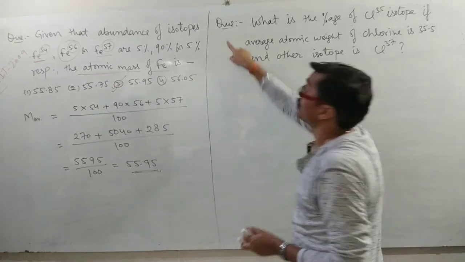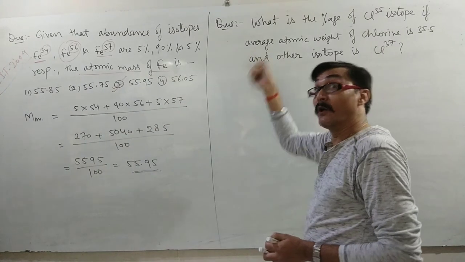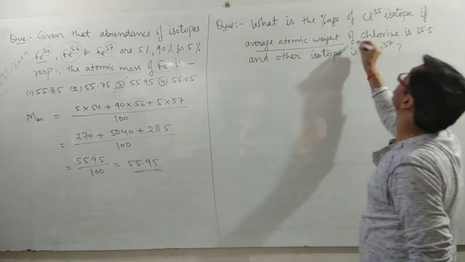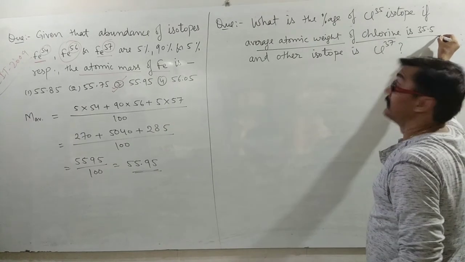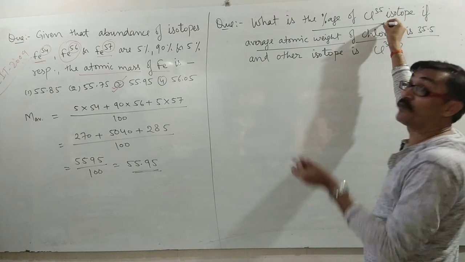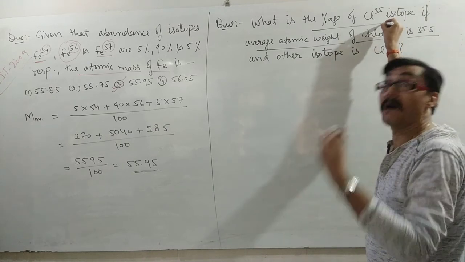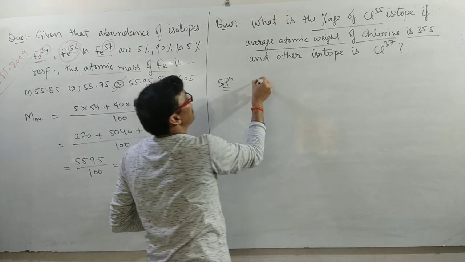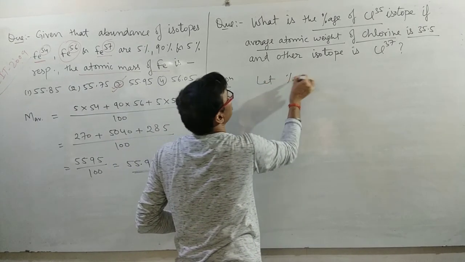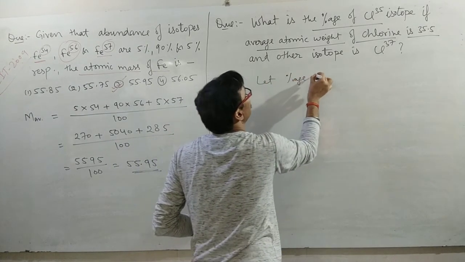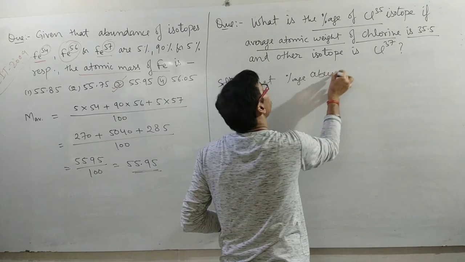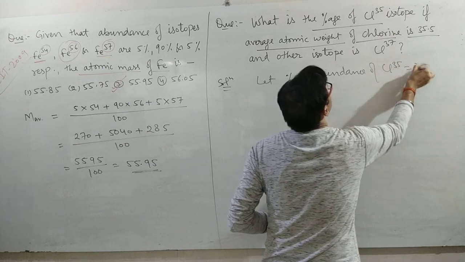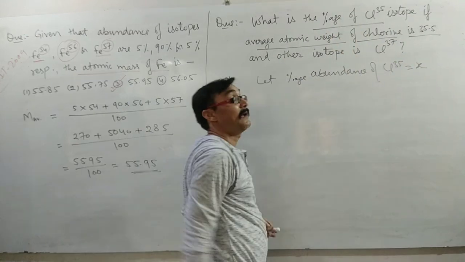Now we have another question. It may also be possible that the average atomic mass is given, but the percentage abundance of one isotope is asked. In this question, let the percentage abundance of chlorine 35 be x, or x%.